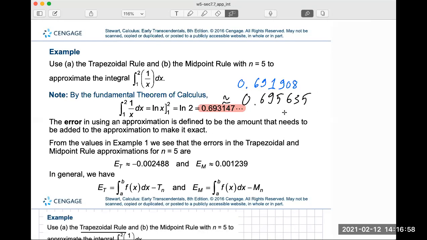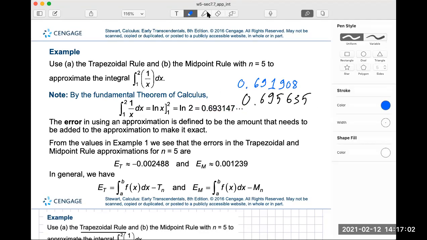Okay, they're quite close to the number when we use the exact formula here, right? 0.691, and the exact value will be 0.693, and the other rule is 0.695 here, etc.